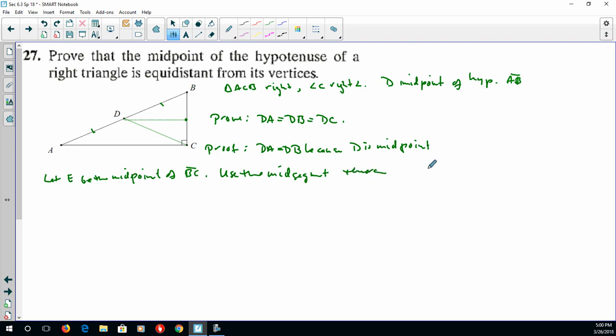I didn't label E here. DE is parallel to AC, so the measure of angle DEC is the measure of angle DEB is 90 degrees. So these are right angles.